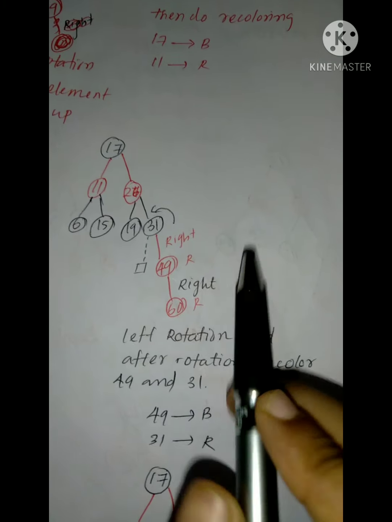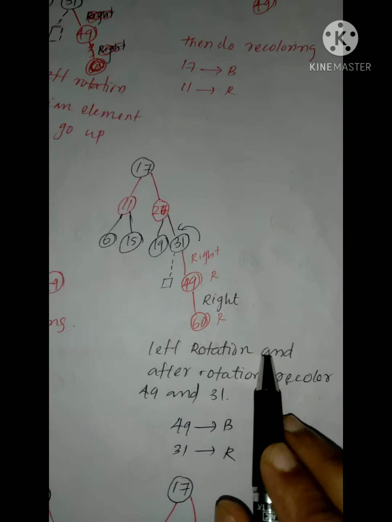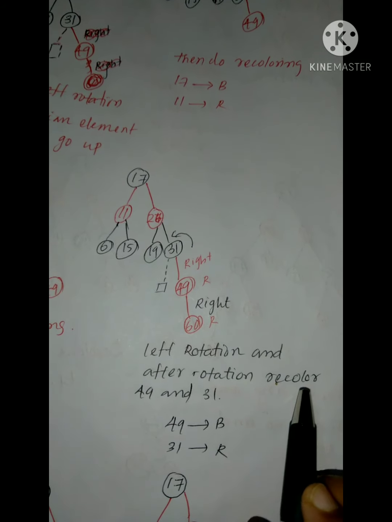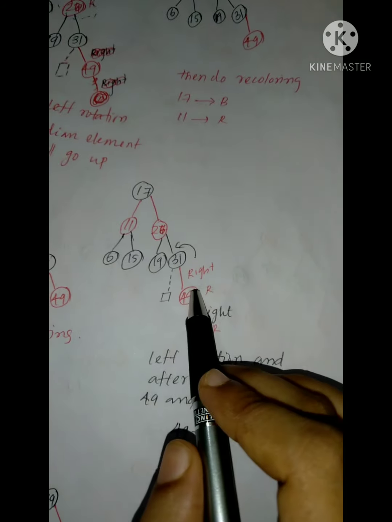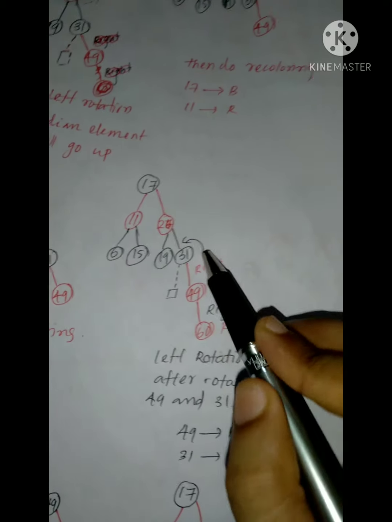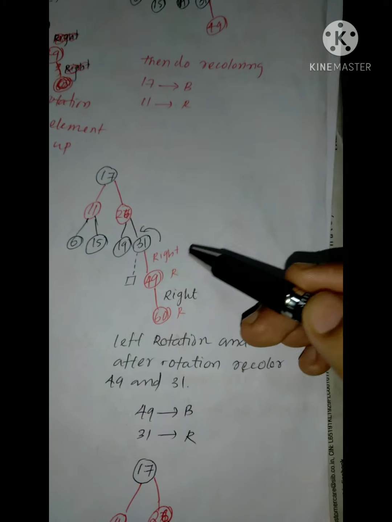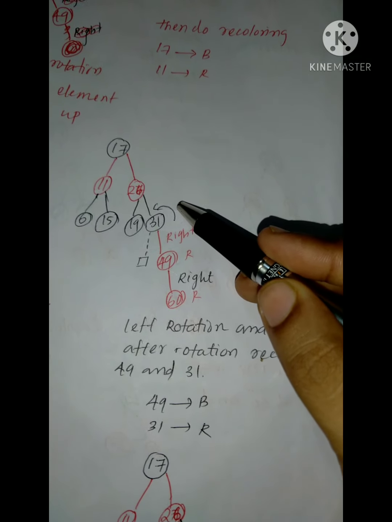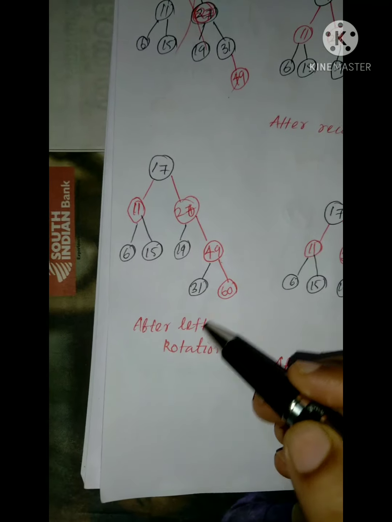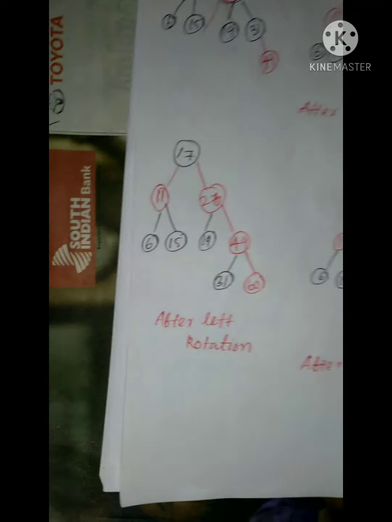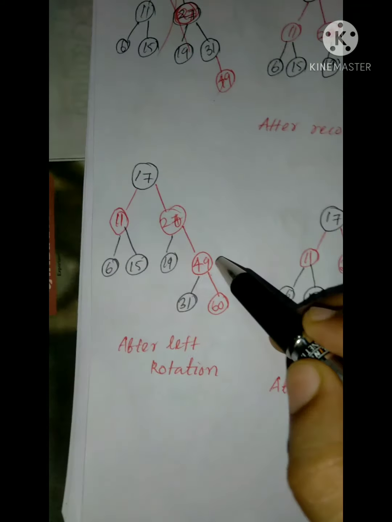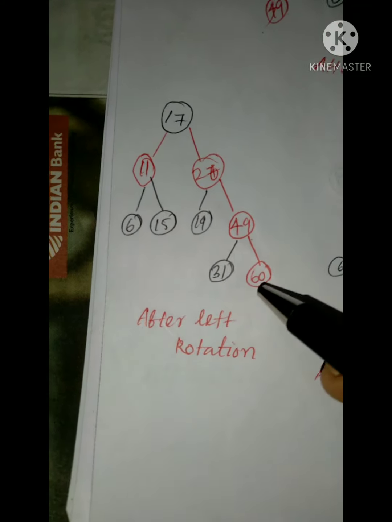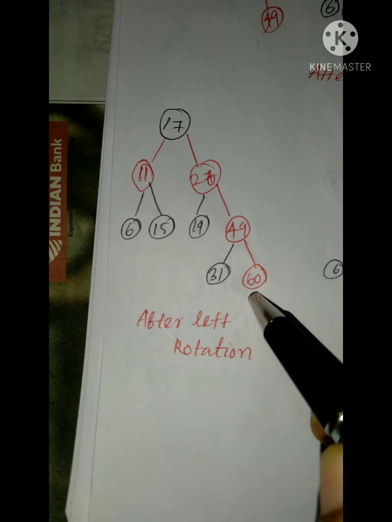So we want to take left rotation, and after rotation we want to recolor what? 49, 31. Okay, 49 will become black and 31 will become red. After left rotation we will get this because 49 will be the root and 31 and 60 will be its child nodes.